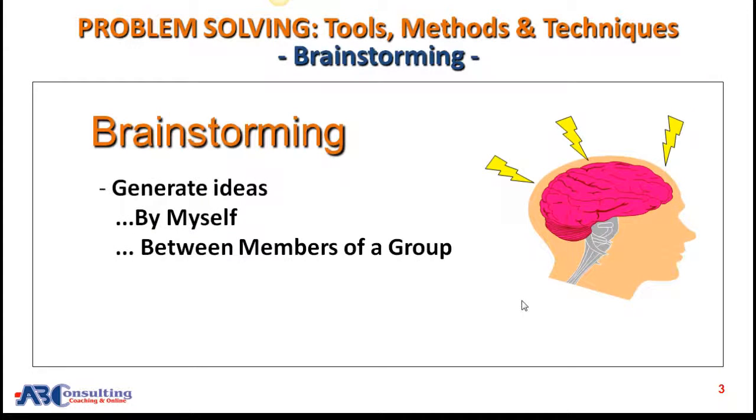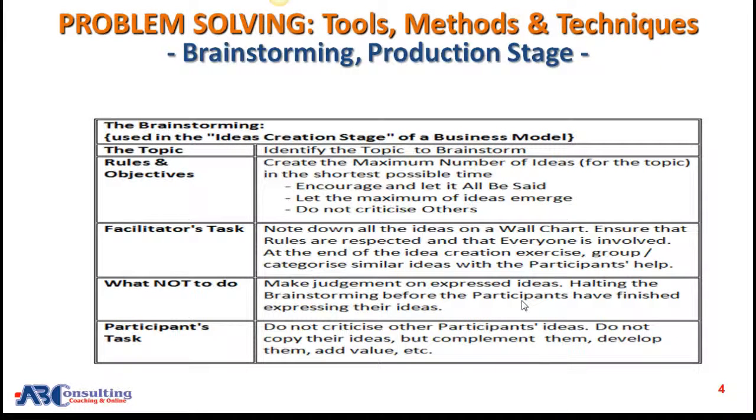We have clearly underlined that it can be used as a tool to generate ideas by an individual, or it can be used between members of a team to generate ideas and suggestions with a view of solving problems. We looked at the production stage and have clearly identified that we need to start off with a topic that can and should be brainstormed.